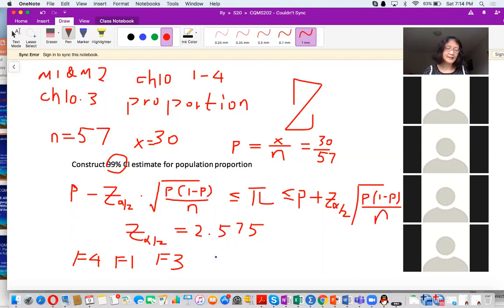Press EXE, I get 0.35, maybe 36, just 2 decimal places, okay? This is lower bound. Upper bound, I get 0.70.